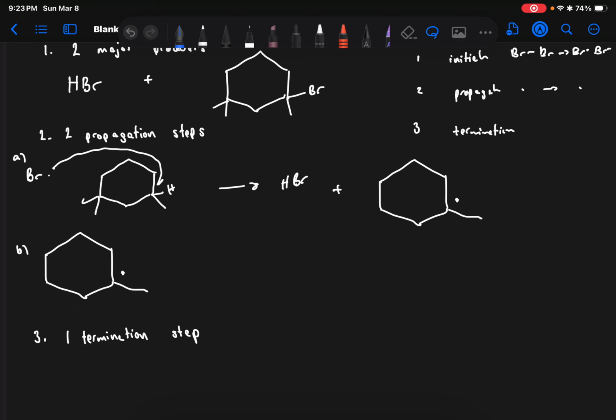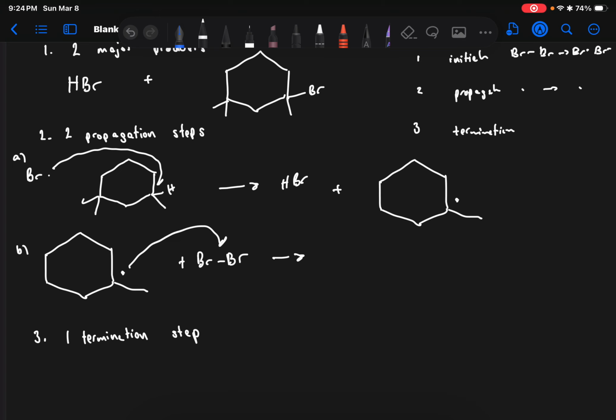And now this will come into a Br2, and it'll split these 2 bromines so that one bromine will join into the radical here, and the other bromine will have a radical by itself.